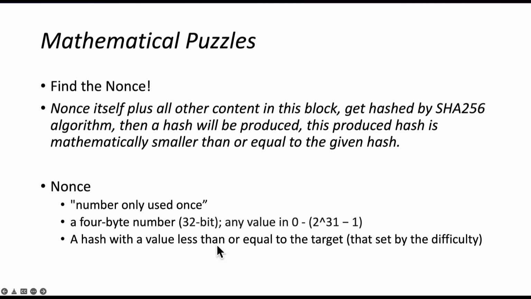Let's check the nonce itself first. Nonce is short for number only used once. It's a 4-byte number, 32-bit, and it can be any value in this range. And this number makes the produced hash less than or equal to our target number.